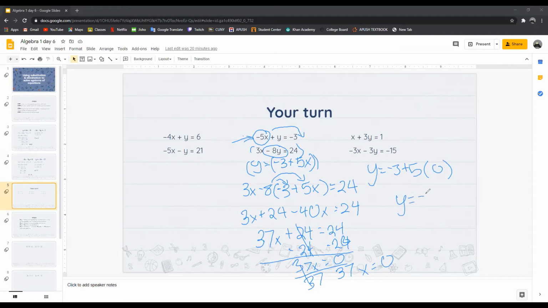You will get -3 as your y. And again, write it in coordinate points. So that would be your answer for this question.